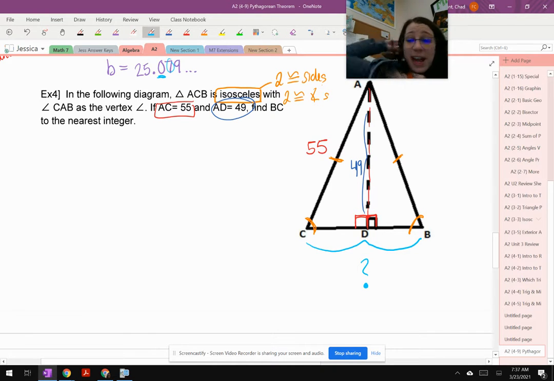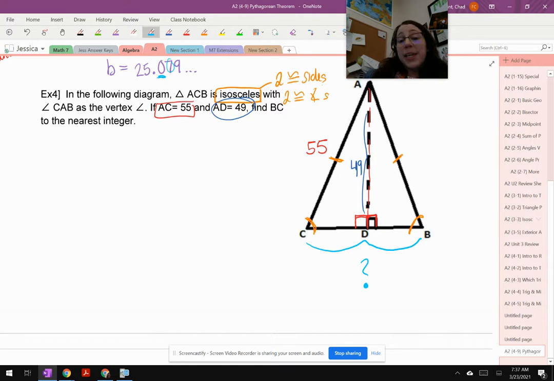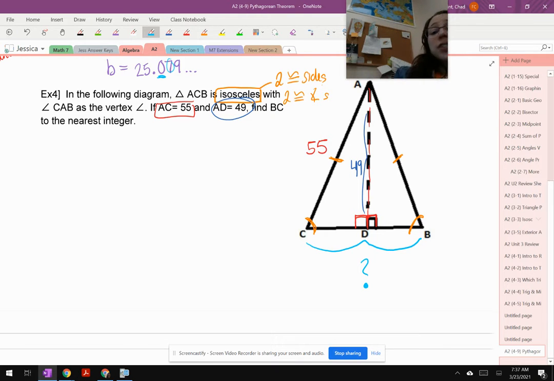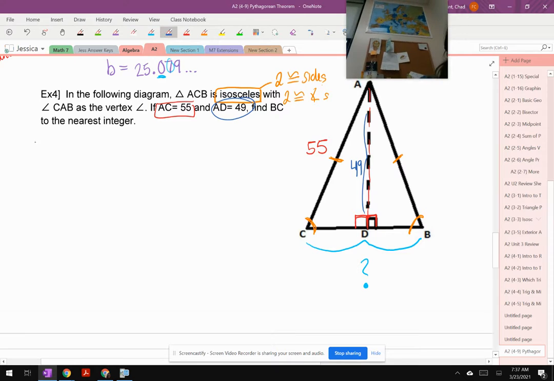However, I can't find that all in one step because CB or BC, whichever way you want to look at it, is one side length of the not right triangle. So before I can find that entire CB, I have to first start by just finding CD. So let's make a note of that.